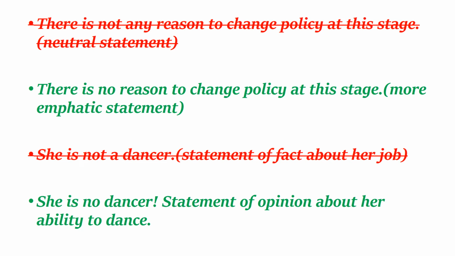For example, there is not any reason to change policy at this stage. This statement is neutral. There is no reason to change policy at this stage. In this sentence we use no, which makes it more emphatic.